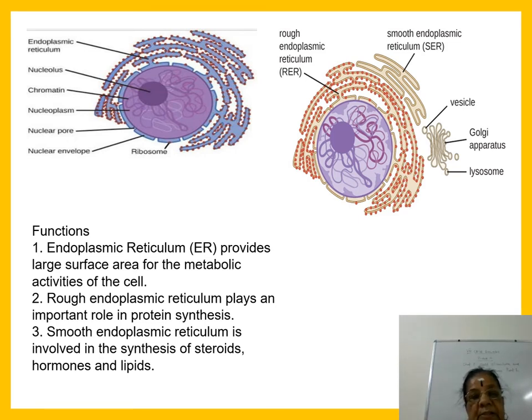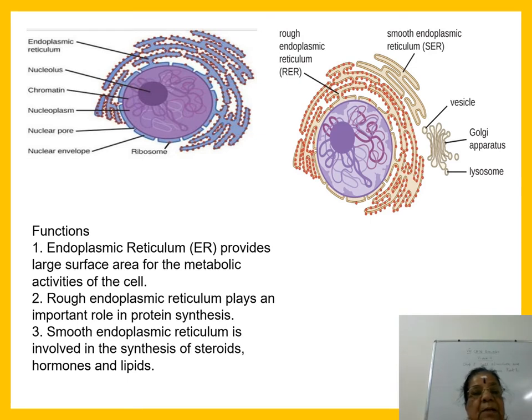Now this endoplasmic reticulum is forming a transport system, starting from the inner nuclear membrane to the outer cell membrane. Till that it is forming a transport system. Now this is forming a reticulum like structure. So this is reticular structure.